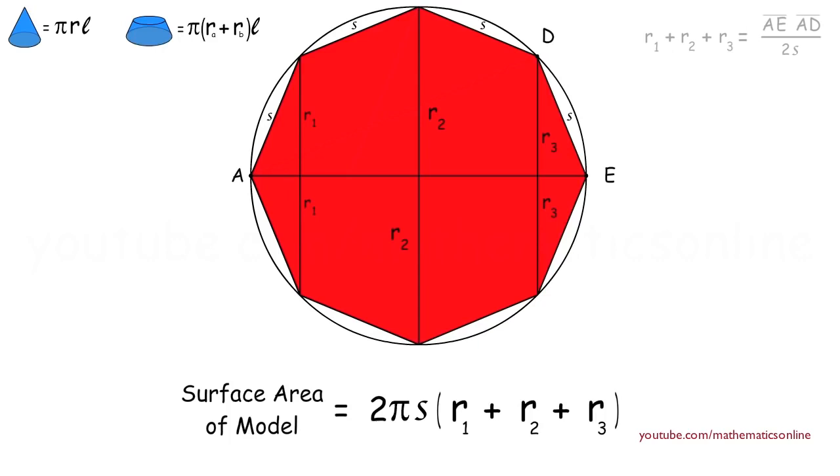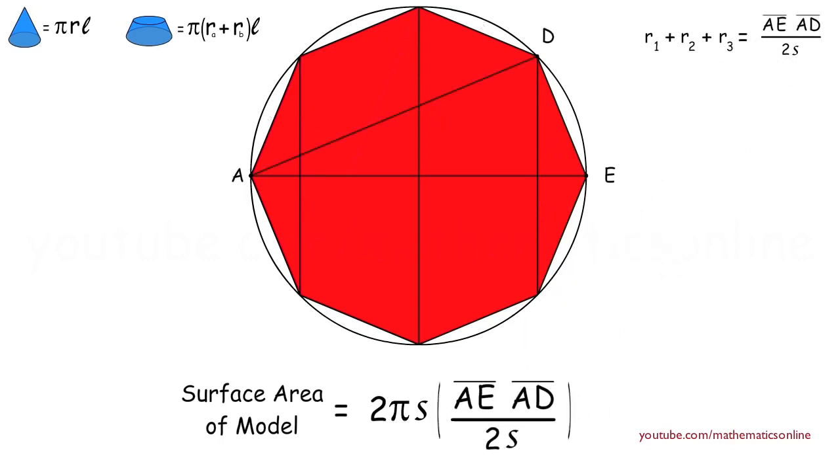Now notice that R1 plus R2 plus R3 is the equation we derived as a result of the similar triangles. Therefore, the surface area of the model becomes equal to 2 pi s times line AE times line AD over 2s. The 2's cancel out, and the s's also cancel out. So the surface area of the model is now equal to pi times line AE times line AD.